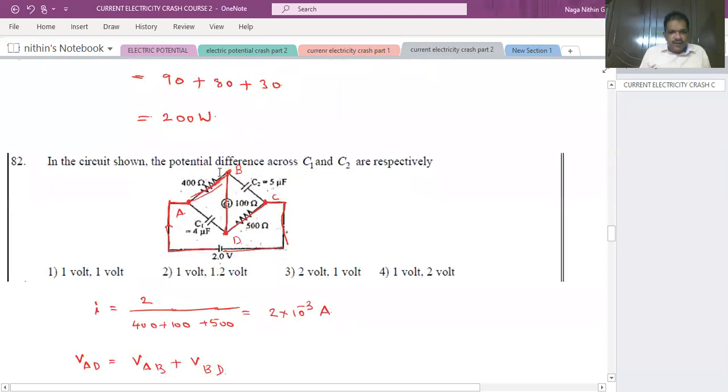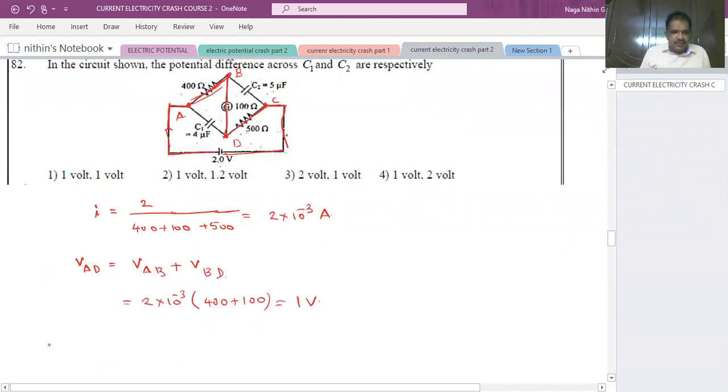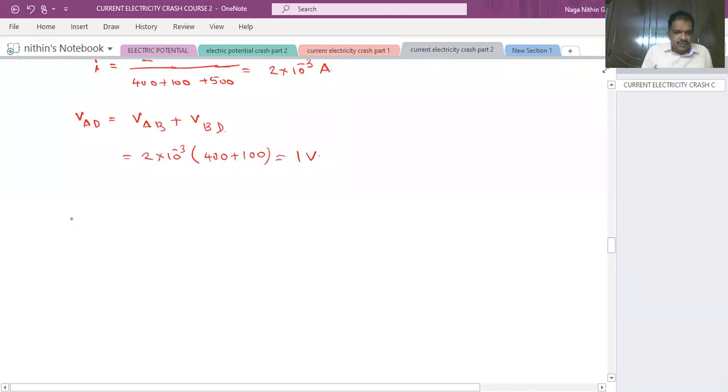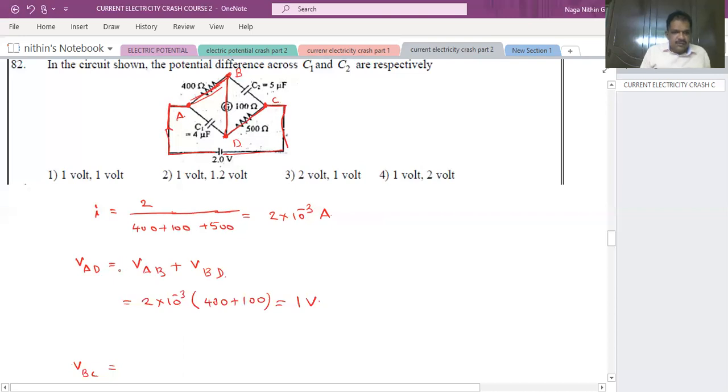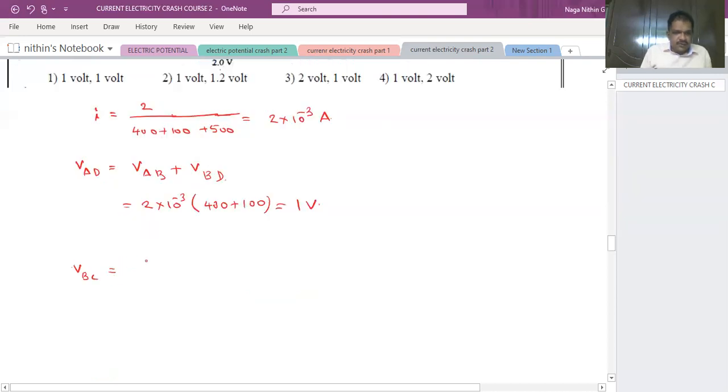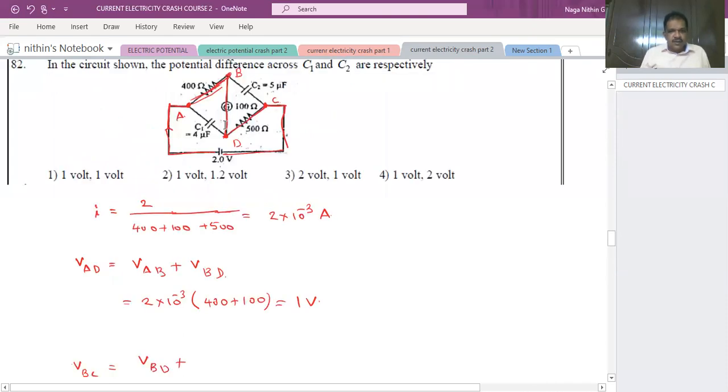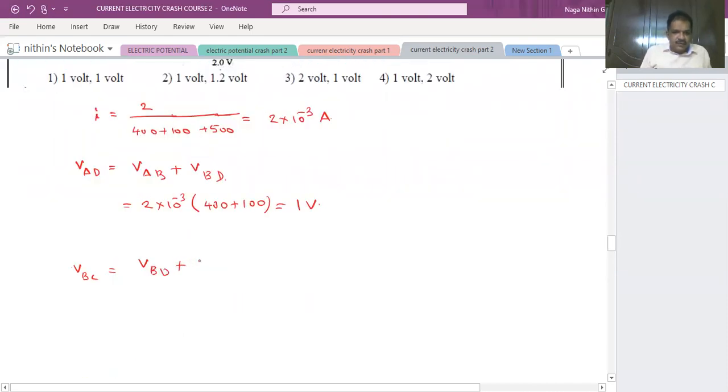Next, VBC is equal to VBD plus VDC. This is 2 into 10 power minus 3 into (100 plus 500).